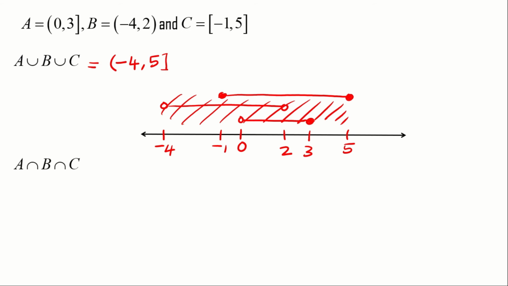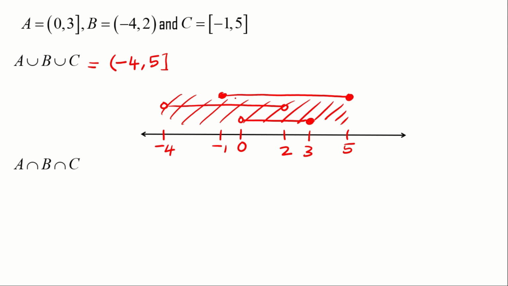Okay, the next thing to do is to find the intersection of them. Since A, B, and C are just the same intervals as the previous one, what we can do here is just sort out the intersection of them.